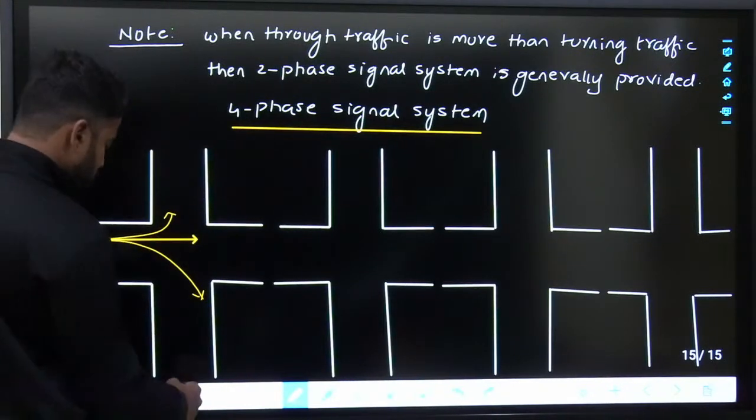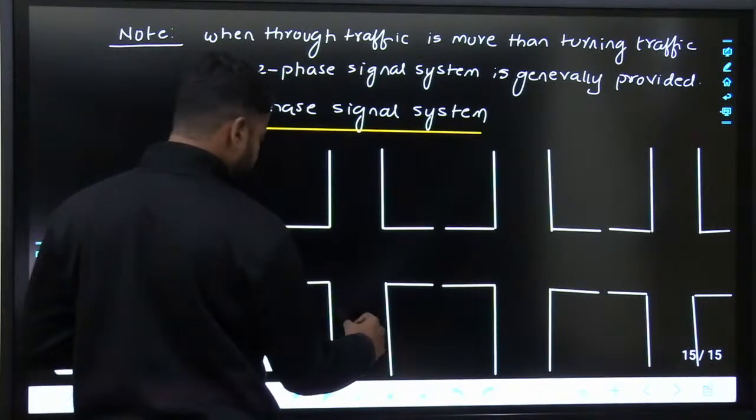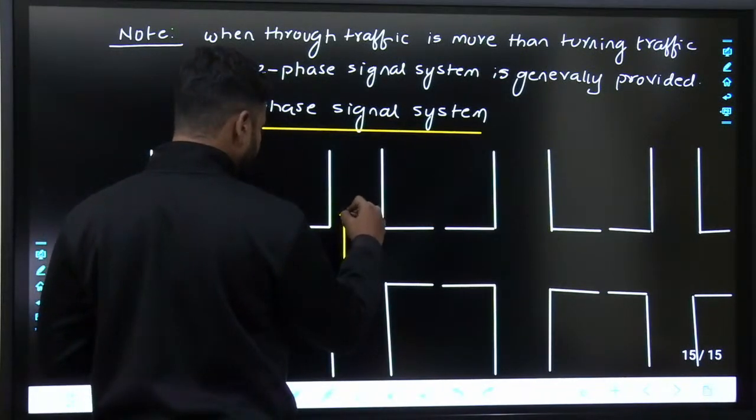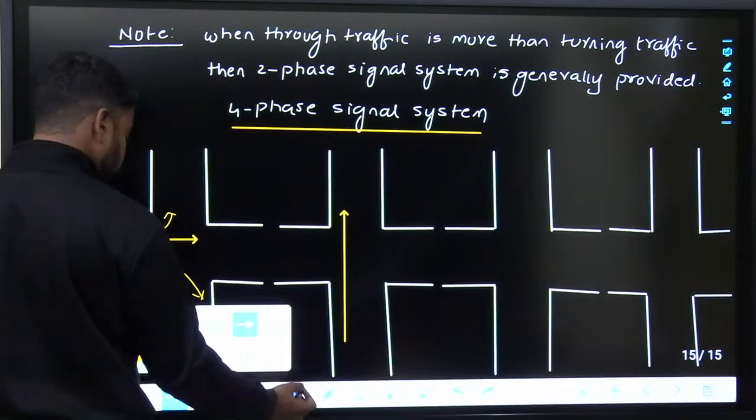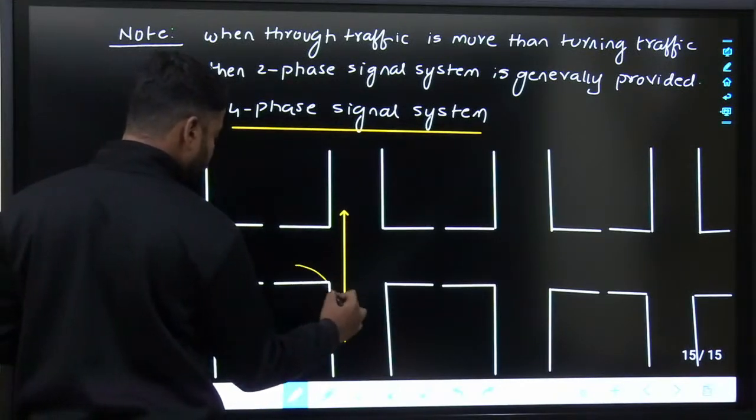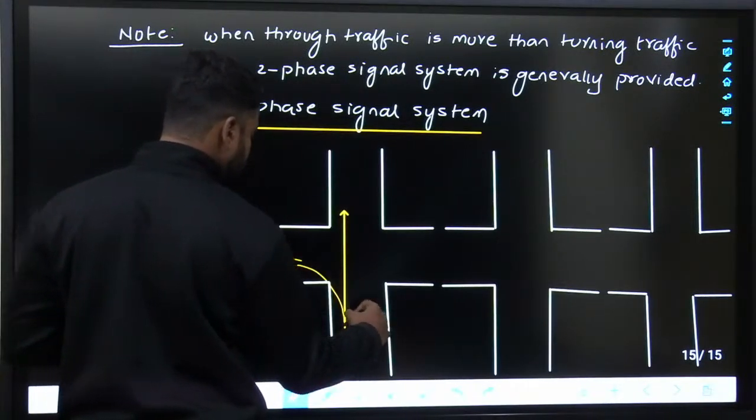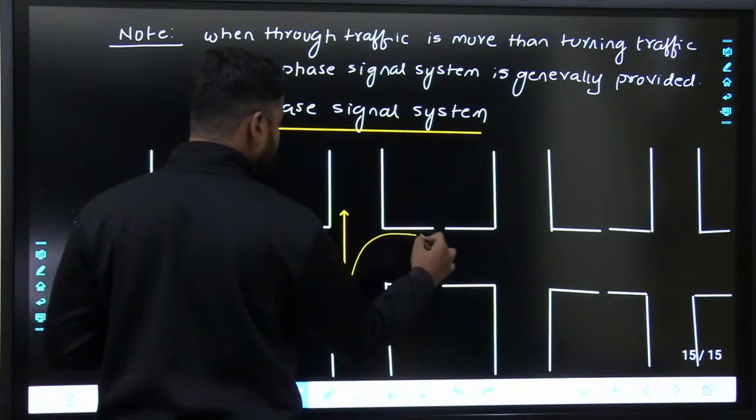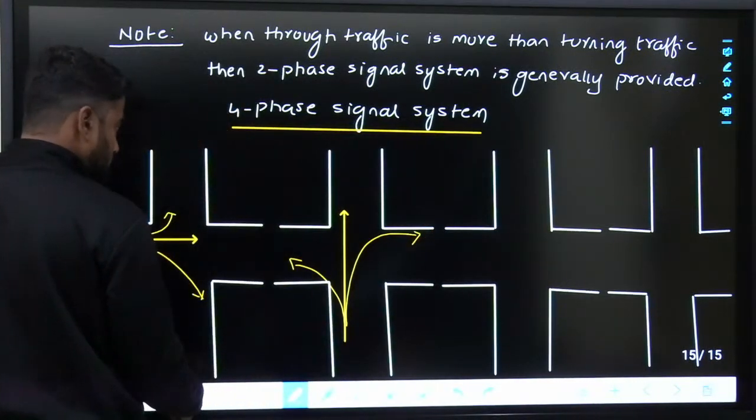This is one phase. This is another phase.